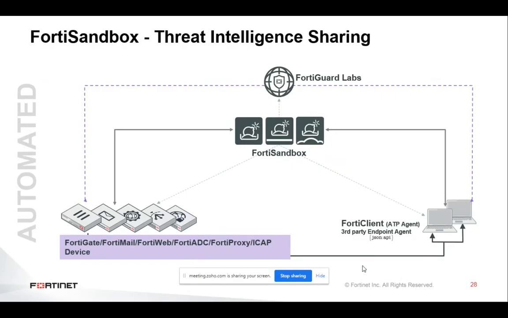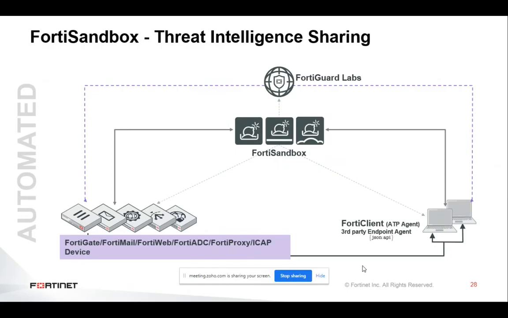In addition to returning the result of individual file analysis to the submitting device, FortiSandbox dynamically generates threat intelligence that can be distributed as automated updates to FortiGate and FortiClient, so that we can block advanced attacks that are seeking entry in multiple places.